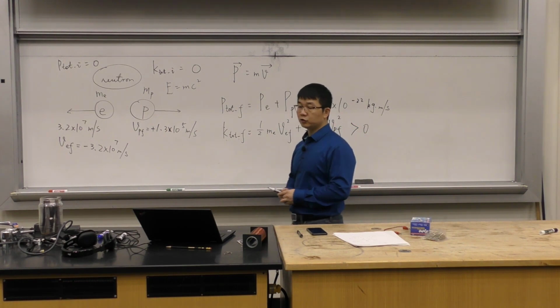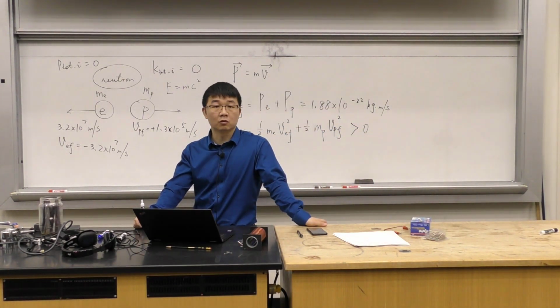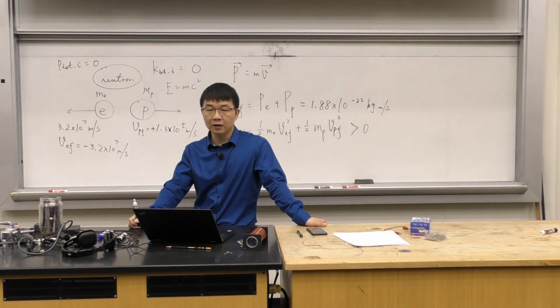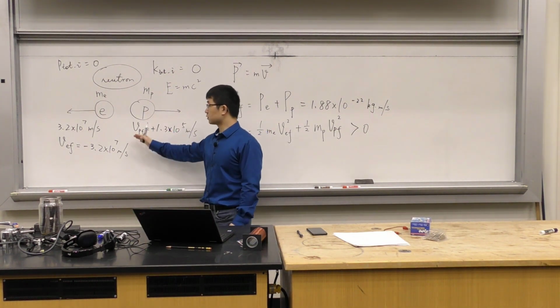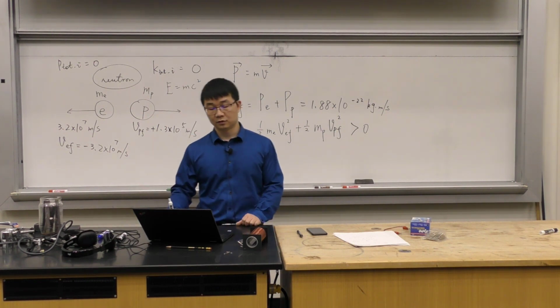But we do have a very strong belief in these fundamental laws, conservation laws. So in order to fix that, Pauli proposed a solution. He said that maybe there was another particle, a third particle, produced in this process, but we were unable to detect it. Why?